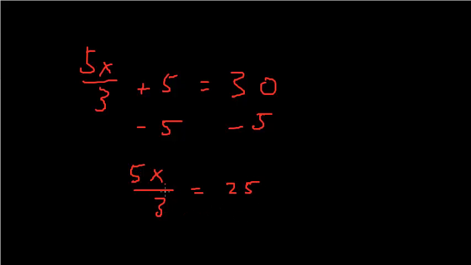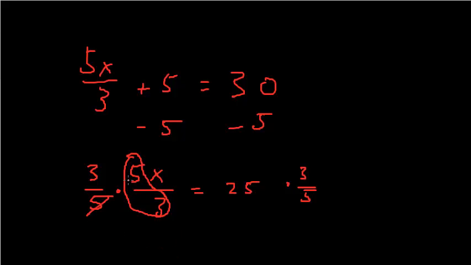Now 5x over 3, this is basically 5/3 times x, is equal to that 25. To get rid of that fraction, I can multiply by its reciprocal, 3 over 5. If I multiply by the reciprocal, it cancels out that fraction. Now if I'm multiplying by 3/5 on this side, I have to multiply by 3/5 on the other side of the equation.